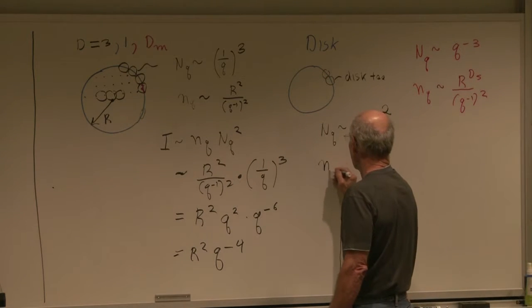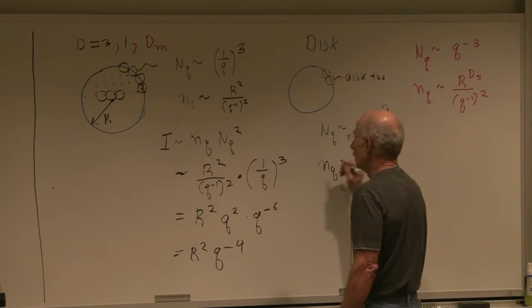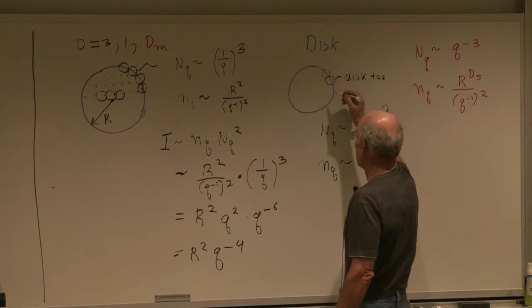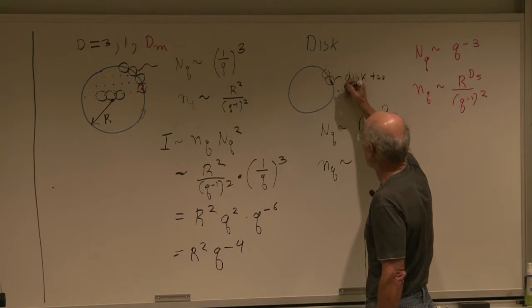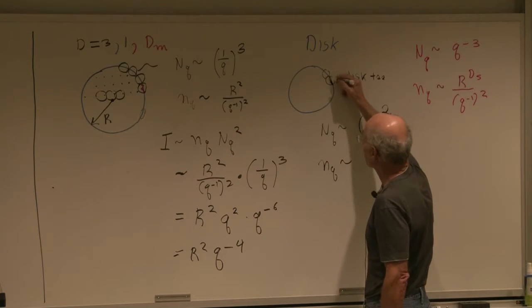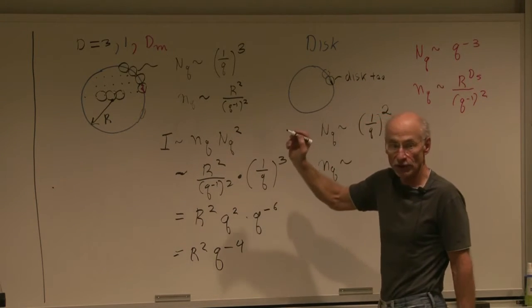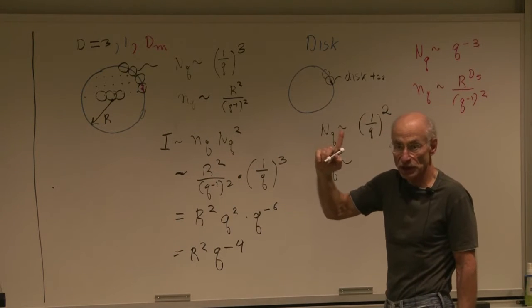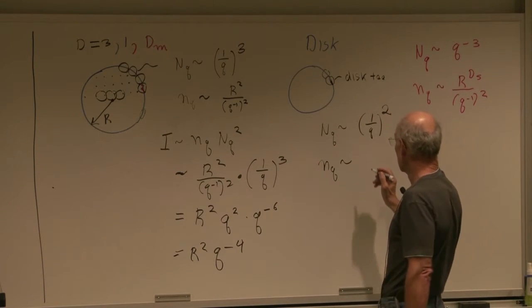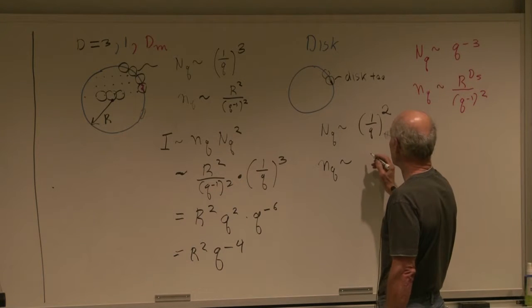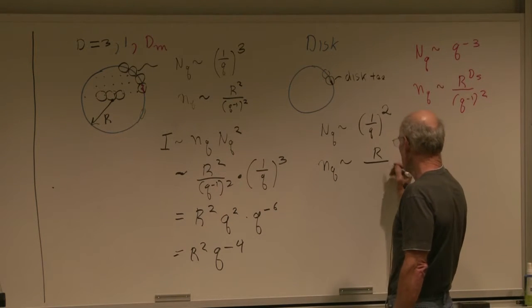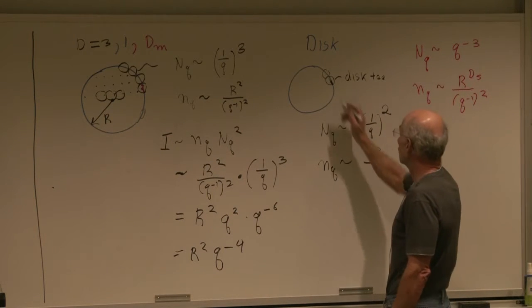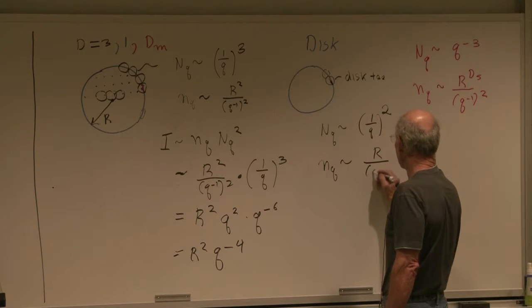Then the number of Q regions, well now this is linear, correct? So I'm comparing this diameter, this segment of length, compared to the circumference, correct? Notice the one-dimensionality that's coming in. So the number of Q regions is just the total circumference, which of course is proportional to r, divided by the size of the Q region.